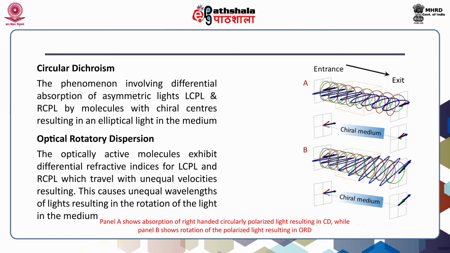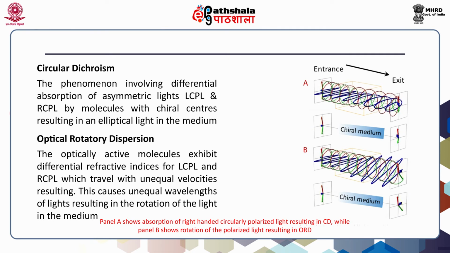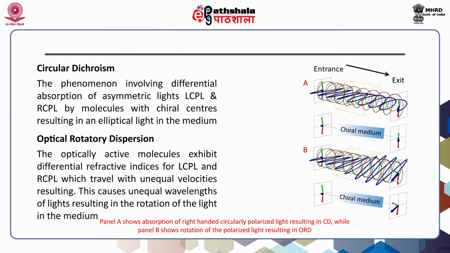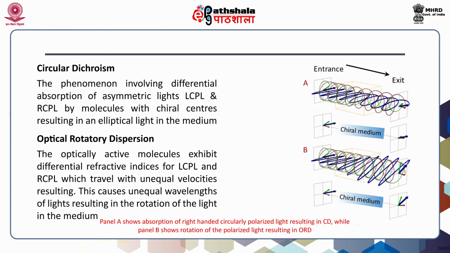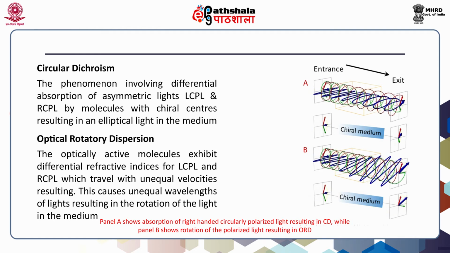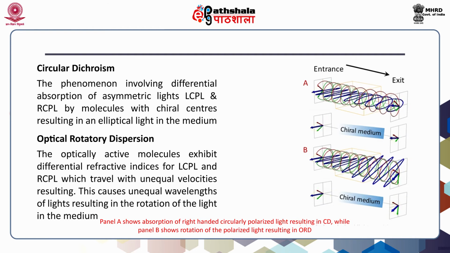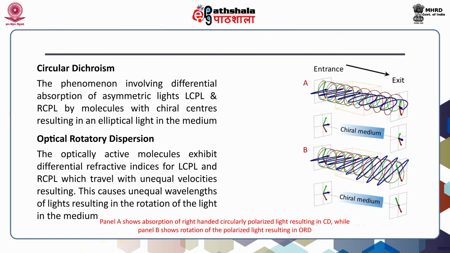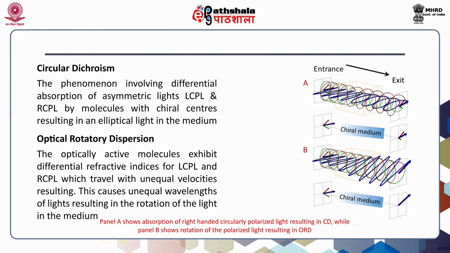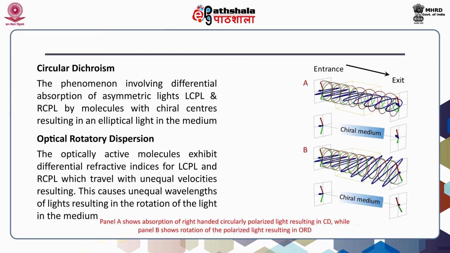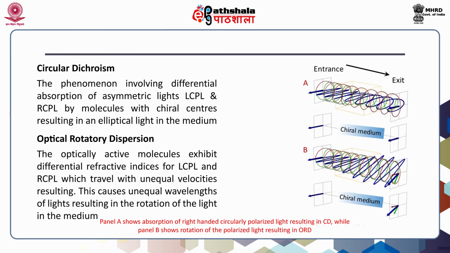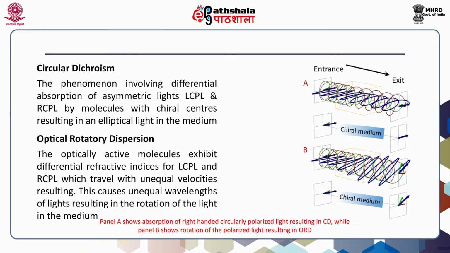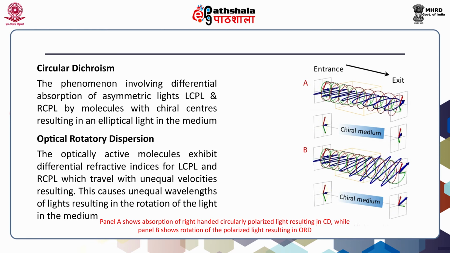The last panel in this slide is just the same as shown in the upper panel in B. In between is the chiral medium or optically active medium. If you see only the left panel and right panel windows, you will see the two vectors responsible for the electric vectors of circularly polarized light, left-handed or right-handed, rotating clockwise and anti-clockwise, and the resultant is again that blue color.